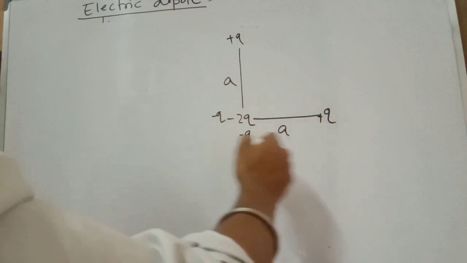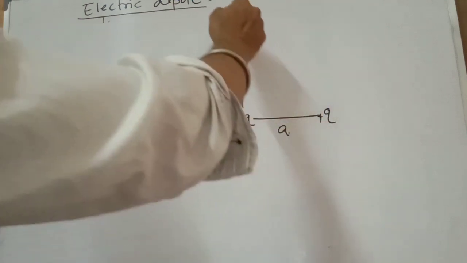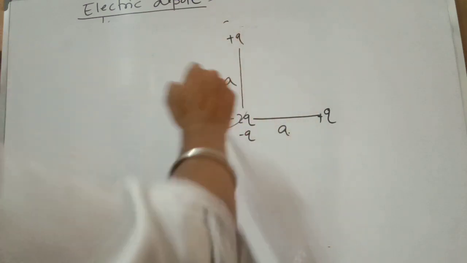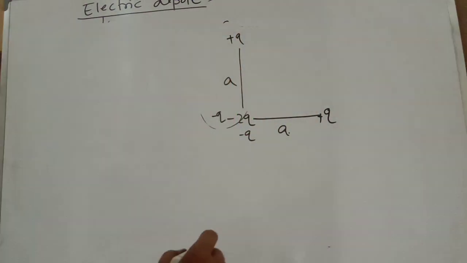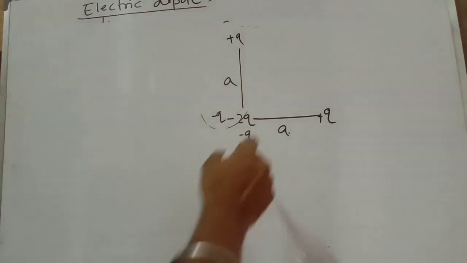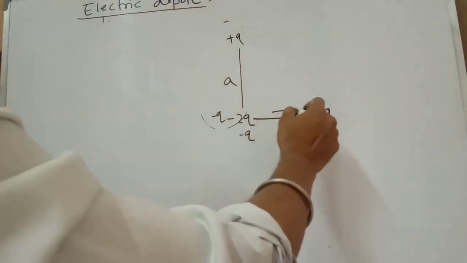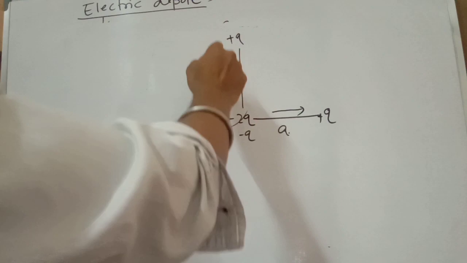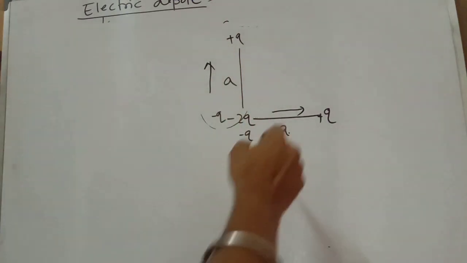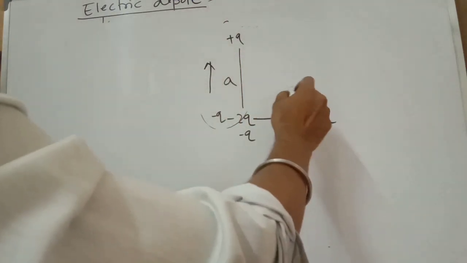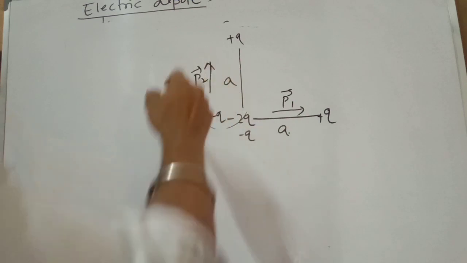So this construction of charges is a dipole, and this construction is also a dipole. We know the direction of dipole is always negative to positive charge, so it will go in this direction and also in this direction. So here P1 and here P2.